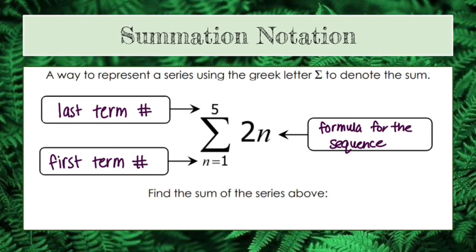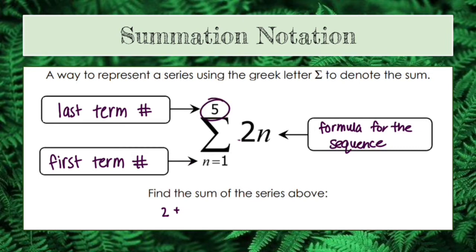So find the sum of the series above. We're going to start where n equals 1. And when n equals 1, the term value is 2n. So our first value is 2. Then we are going to continue to n equals 5.